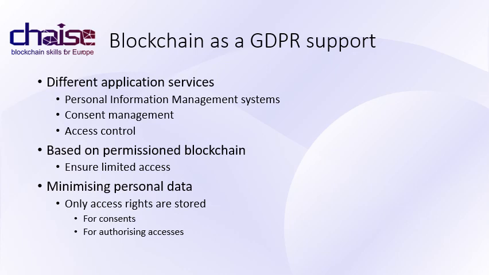So, thanks to its immutability characteristics, blockchain systems can be seen as an efficient technical tool to support GDPR implementation. Different application services are defined to this end, including personal information management systems, or PIMS, allowing natural persons to consistently manage their own personal information system.